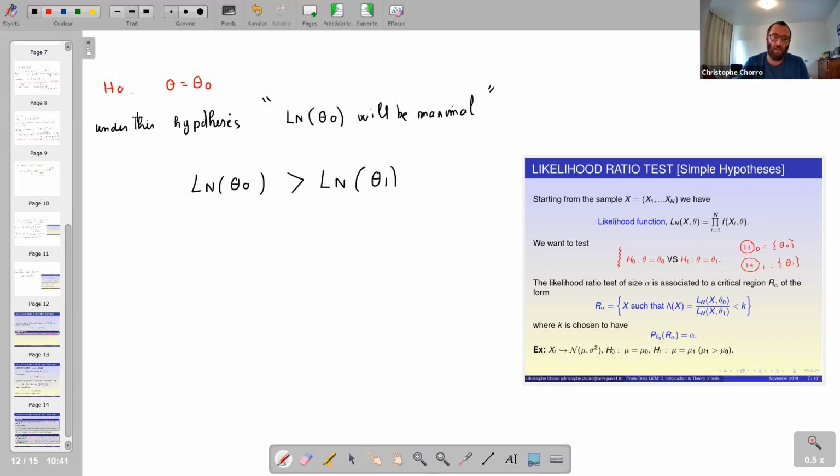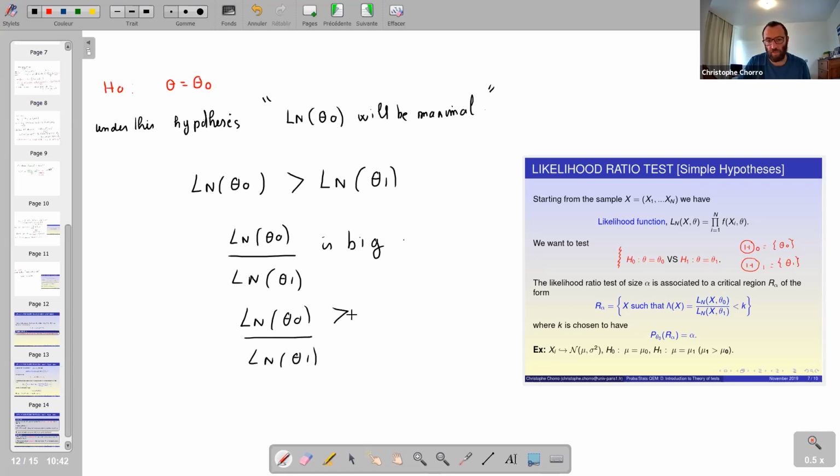So under the true hypothesis, I can say that ln of theta 0 divided by ln of theta 1 is big. And by big, I can write it as greater than some number that I will denote by k.